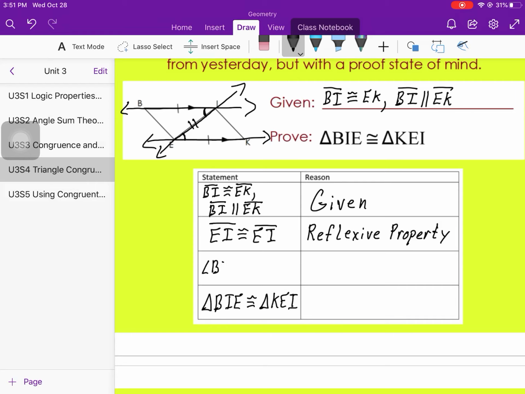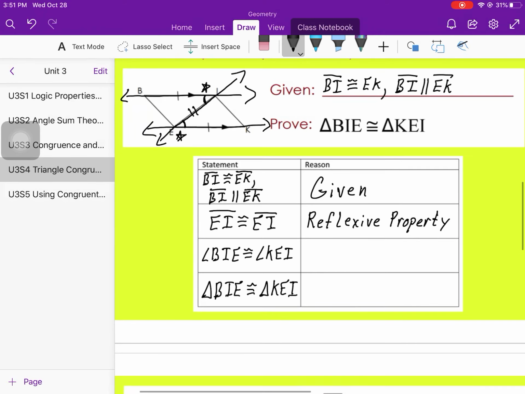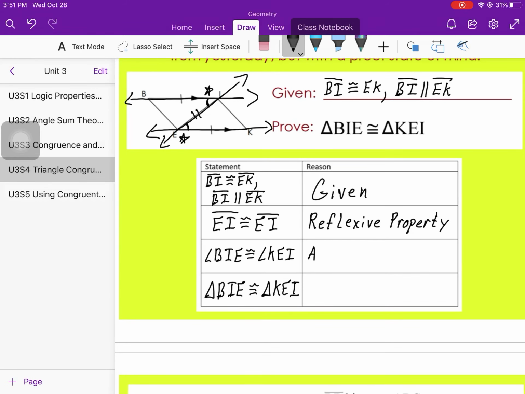So we can say that angle BIE, which is this one right here, is congruent to angle KEI, which is this angle right here. Okay, so by using those, we have proven that we have a side, an angle, and a side.